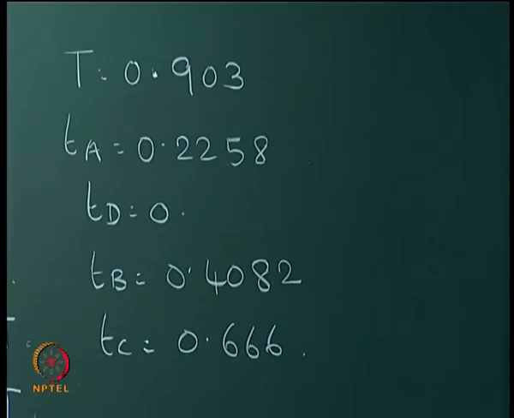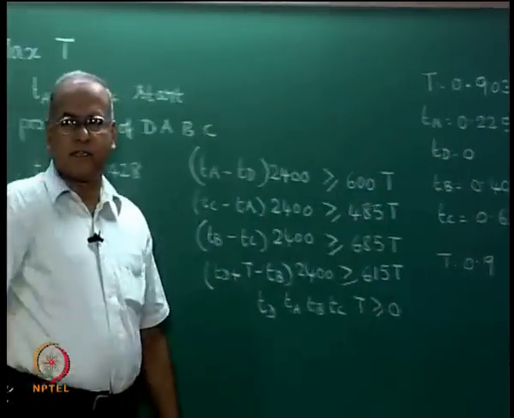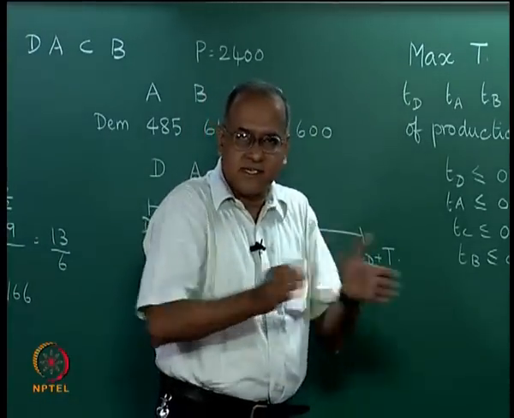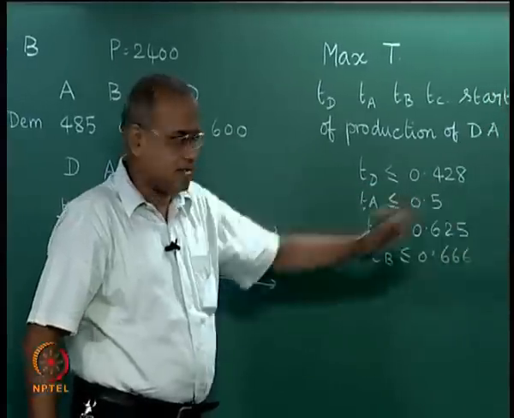Once again for ease of implementation, we will take T is equal to 0.9 instead of 0.903 and then we will say that we will implement the first cycle for a period of 0.9 months.